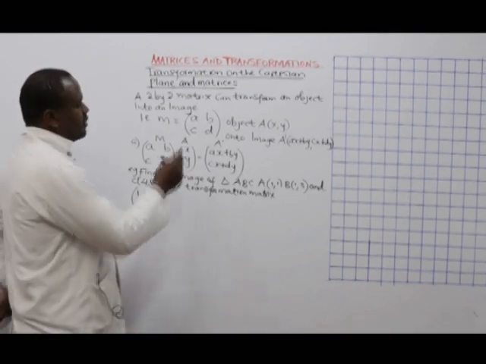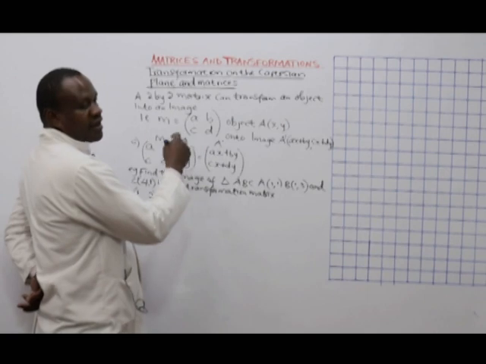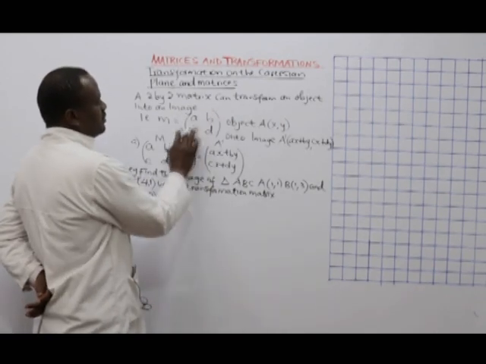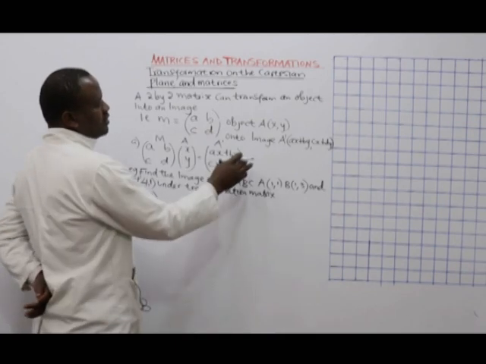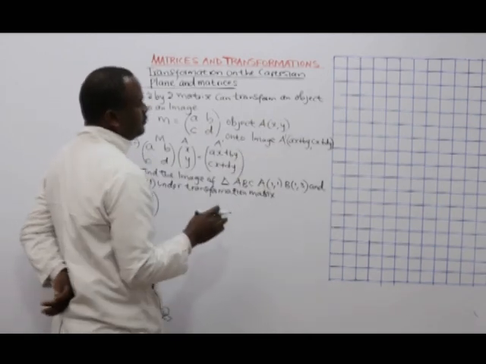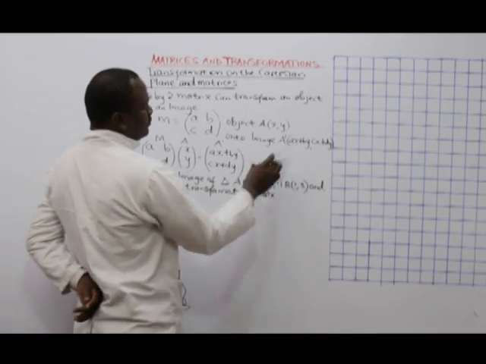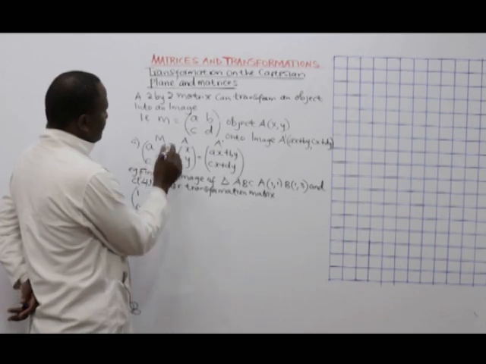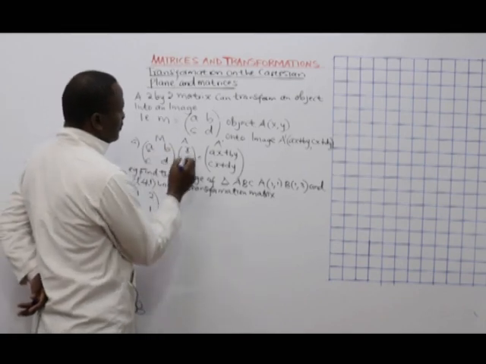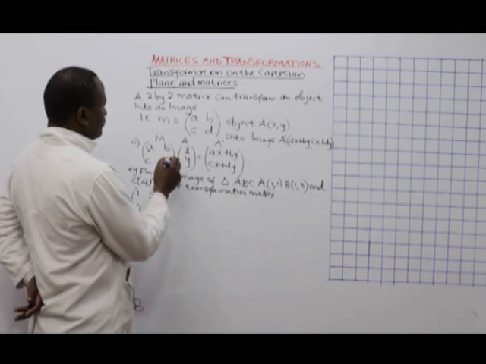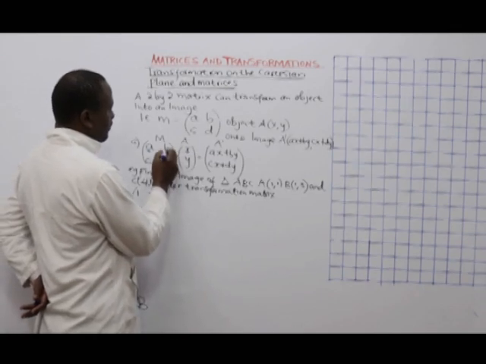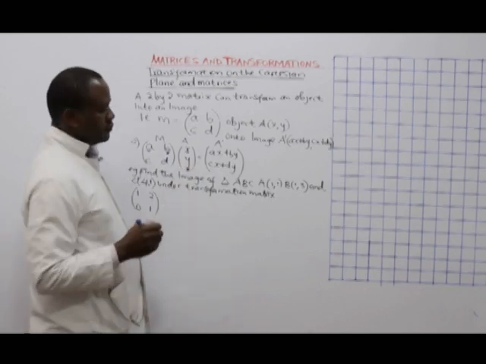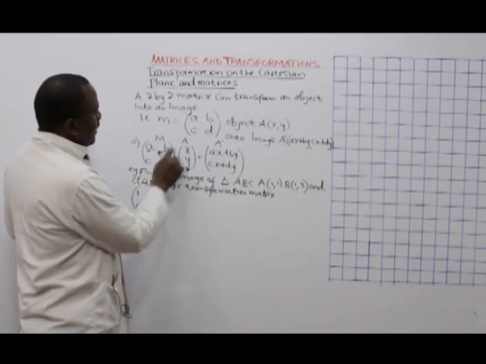So, for example, if the matrix is an arbitrary matrix M, A, B, C, D, and the object is X, Y, the image will be A times X plus B times Y. So AX plus BY.